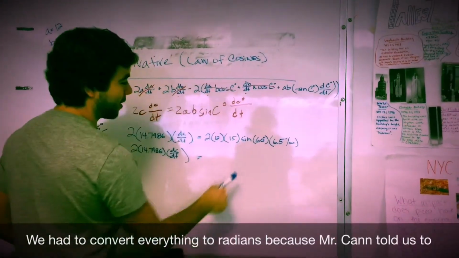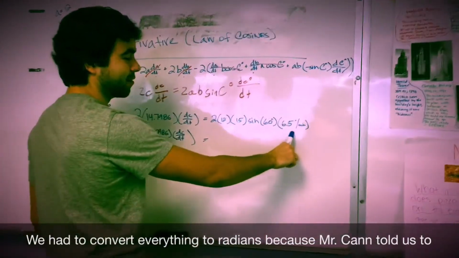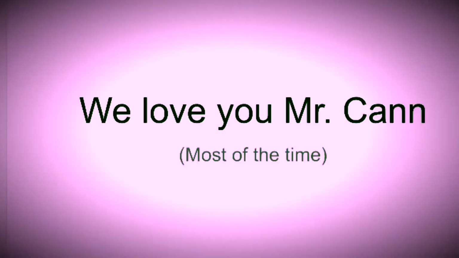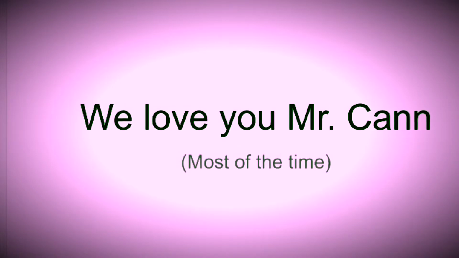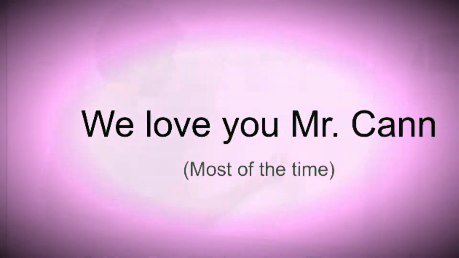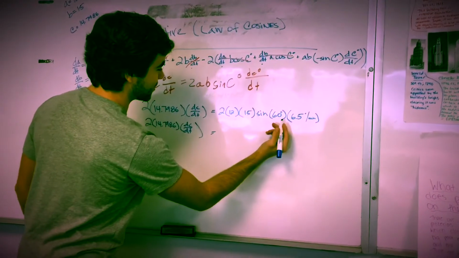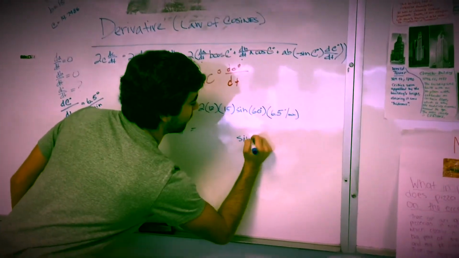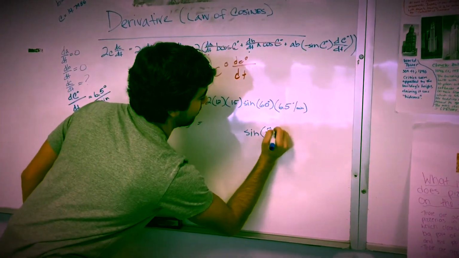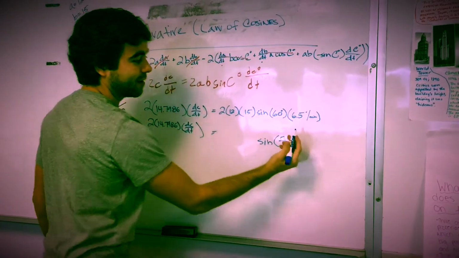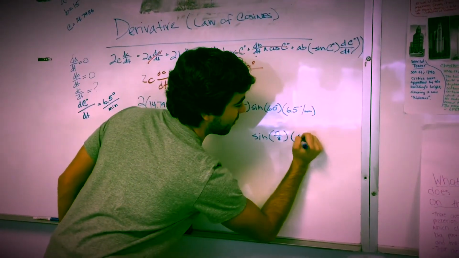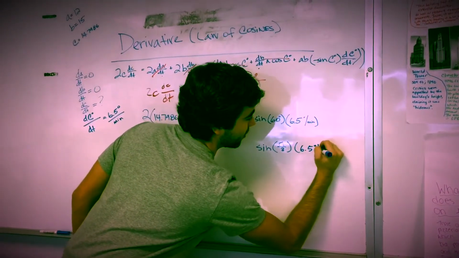Now, because we can't do this in degrees, we convert sine of 60 degrees to sine of pi over 3, and get the angle change into radians by multiplying it by pi over 180.